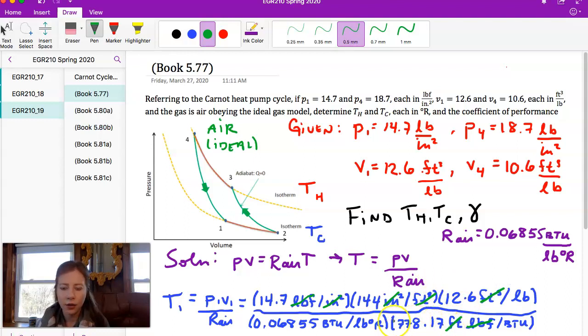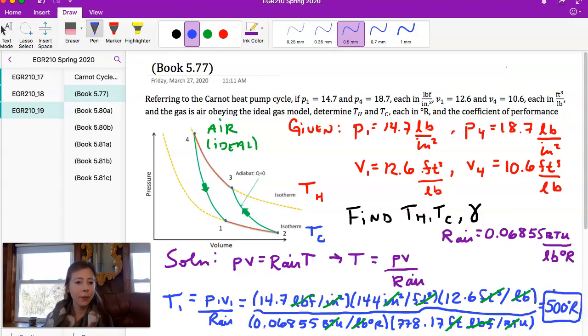And then we have a pound in the denominator, and we're dividing by a pound in the numerator, so those cancel. We have a BTU in the denominator, and we're dividing by a BTU. And so we are left with 1 over 1 over degrees R, which is degrees R. Okay, so that works out, and this is going to be a very lovely number. It's going to be 500 degrees R. So that is going to be our TC.